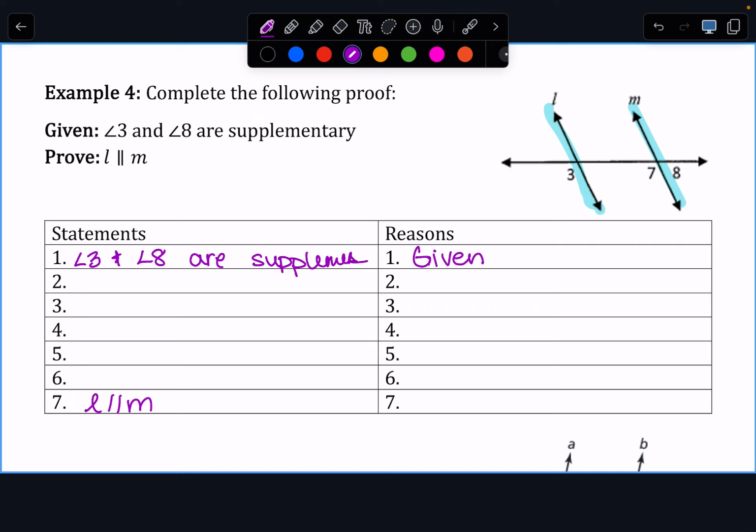If we can show that 3 and 7 are congruent, then we can say L is parallel to M.